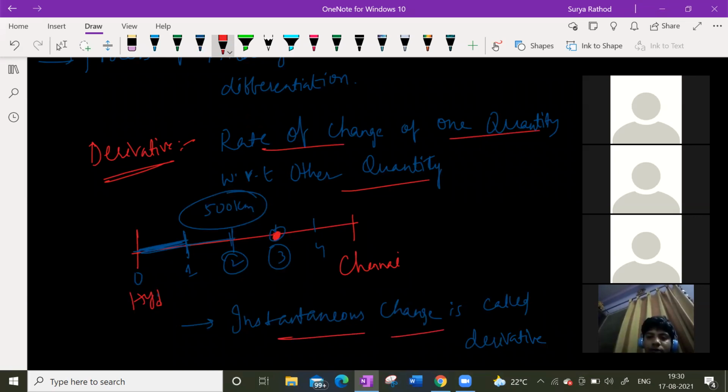Now I'm traveling from point A to point B. At a certain point, what was the change? Look at this: after the second hour and the third hour, what is the change that occurred? After the second hour, how many kilometers have you traveled? After the third hour, how much distance did you cover? So there will be some change, right? There might be the same distance covered, but there will be some change. So getting that kind of instantaneous change is called a derivative, basically. All right, derivative.